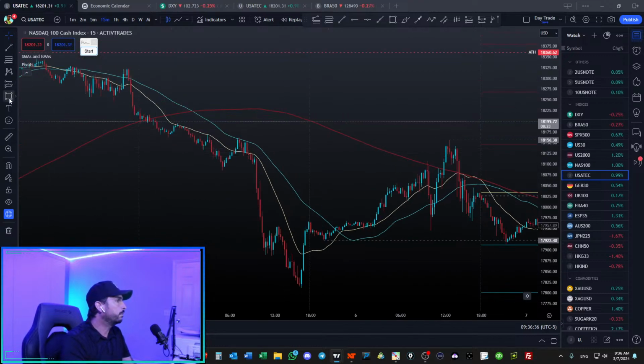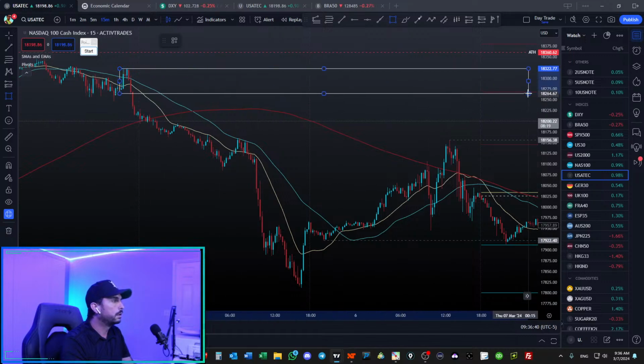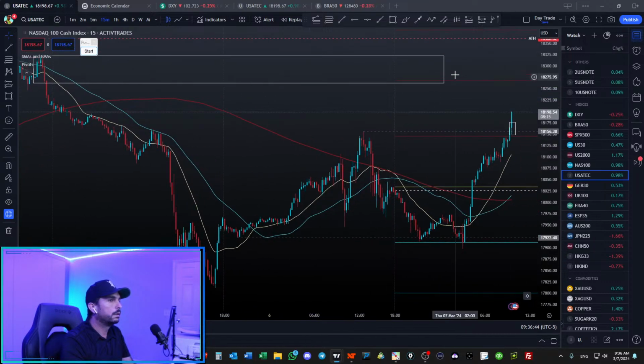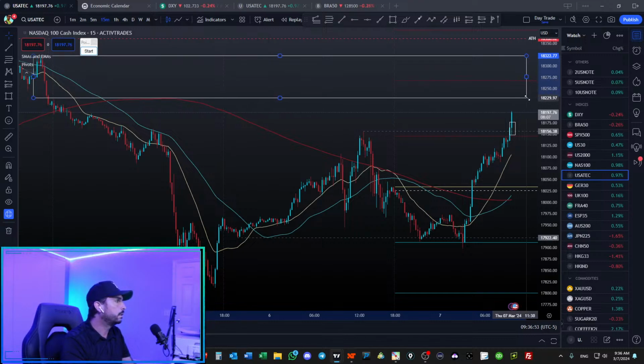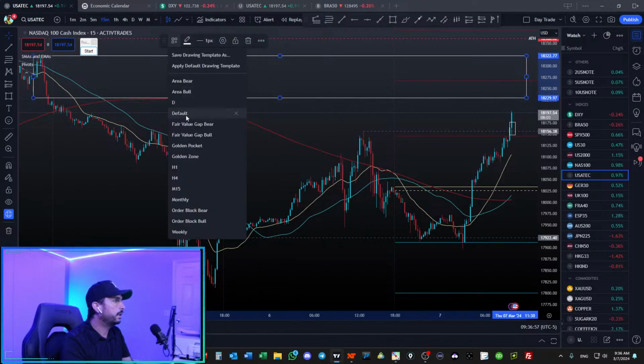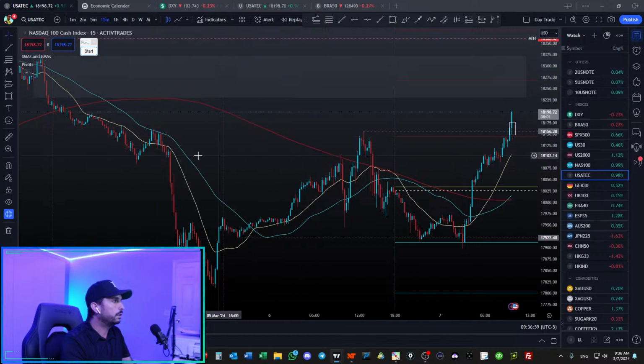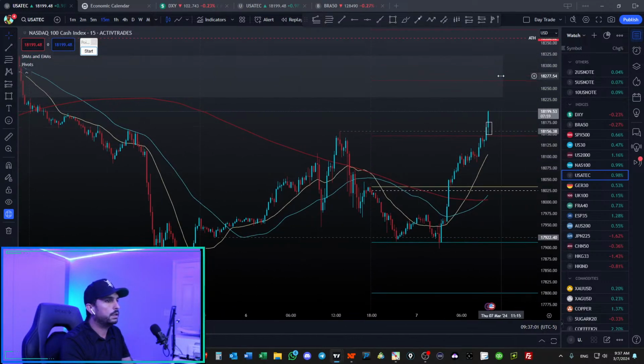We're gonna mark one here. This area here, 3 candles. Set that as a default just so we can see it.